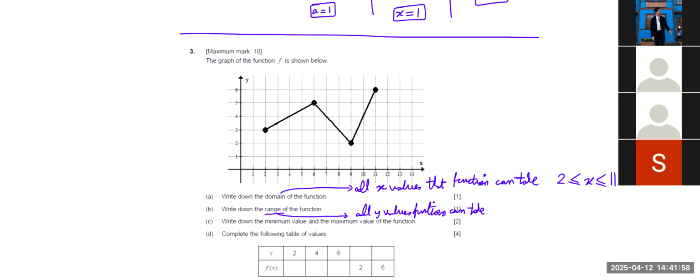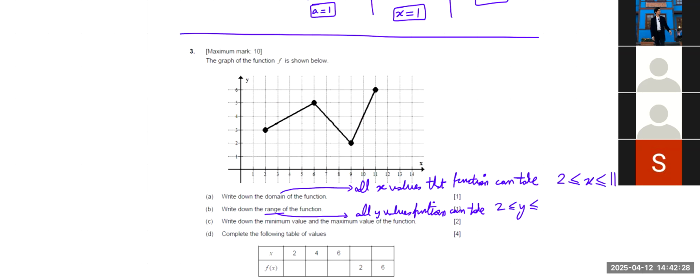Would that be from 3 to 6? Good try. It looks like it, but it's easy to forget that this is also reached. So it also reaches down to 2. Oh, yeah. So you want to look at the minimum possible y value, okay? So if the function does this, then you got to look at the very bottom, right? So good job. So we got 2 up to 6.